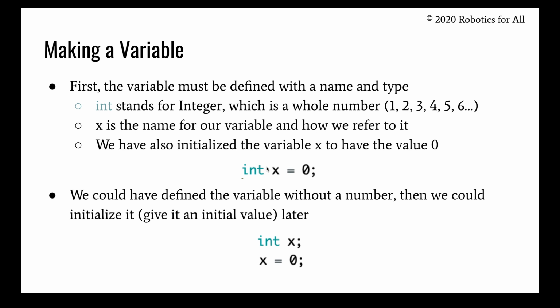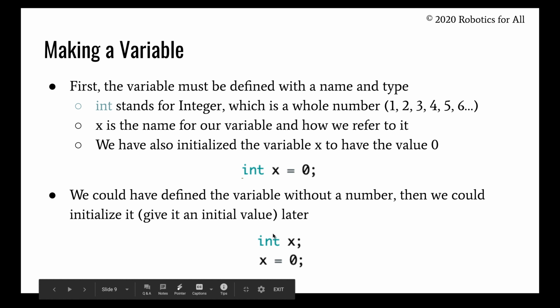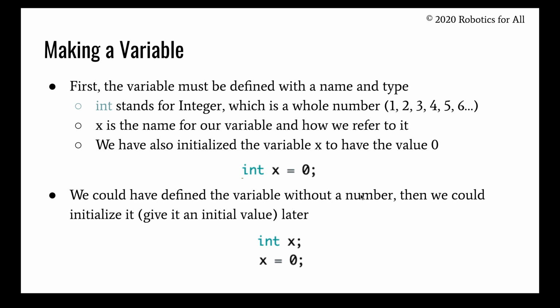You do the type, int, then the name, x, and then you assign it a value. So int x equals 0, and then the semicolon. Another way you could do that is by defining the variable as int x and then assigning it a value later, but that doesn't really matter right now.